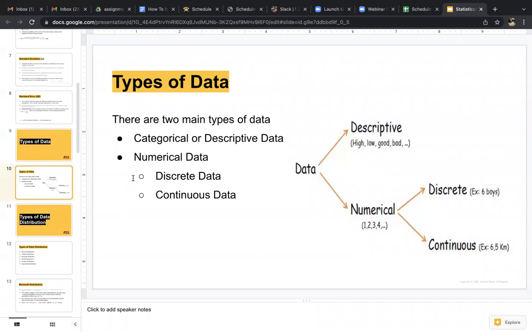Discrete data is the one which has proper margins between values. For example, when you plot your discrete data, you can visualize it through a bar graph. In a bar graph, your margins are specified.